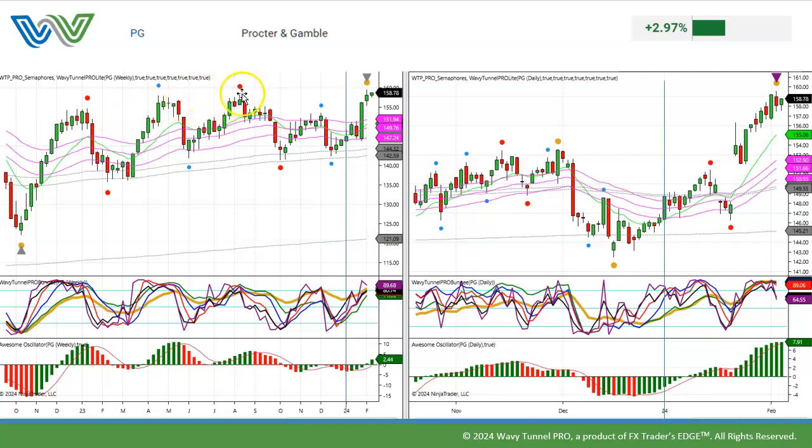So we did make a new high, but not excessively. And we can see this on the daily, where during the sideways consolidation, we have chop around the tunnel, so the wave is chopping around the tunnel, and then finally the wave starts to separate from the tunnel, and we gapped up, and Procter & Gamble is doing much, much better.